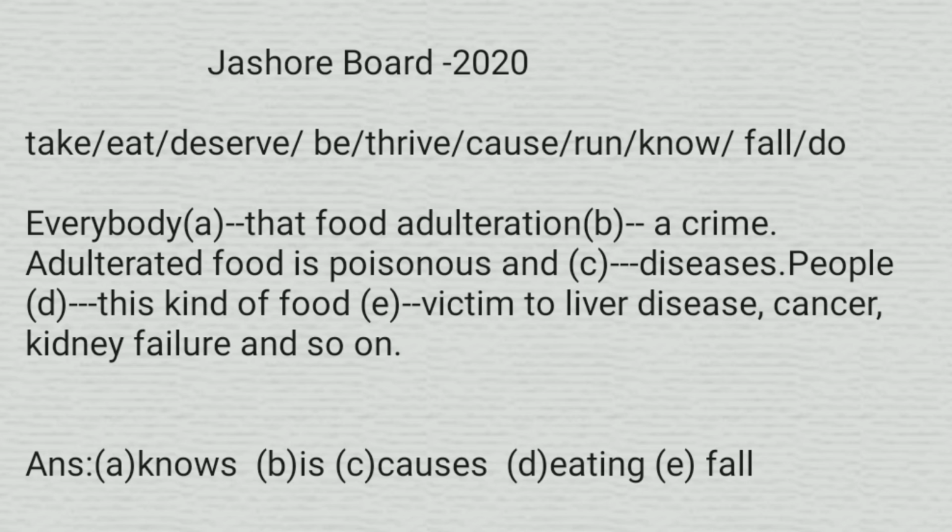At first you have to select the suitable verb for each gap and then you have to correct the form of the verbs. Here we can see the verbs take, eat, deserve, be, thrive, cause, run, know, fall and do.